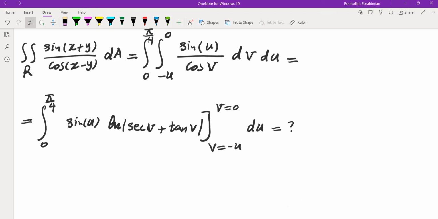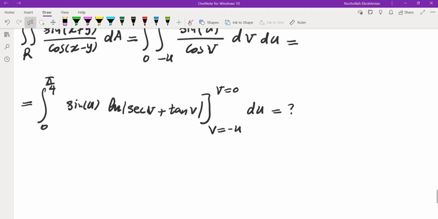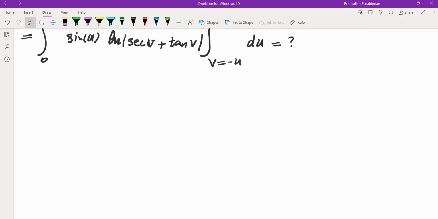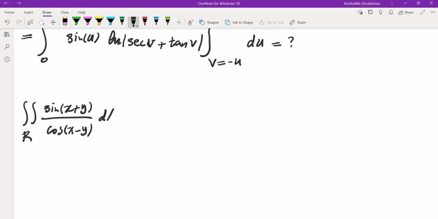So instead, what we can try is we can try this region as a horizontally simple region. So instead of doing the integral of this one as a vertically simple region, we could try this as a horizontally simple region. So let's try that and see what we get. We get the integral sine of u over cosine of v. Now we do du dv rather than dv du.